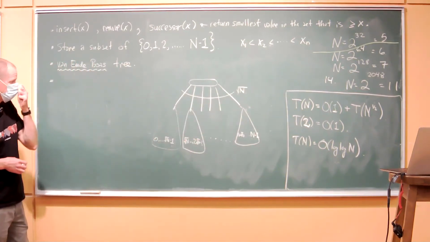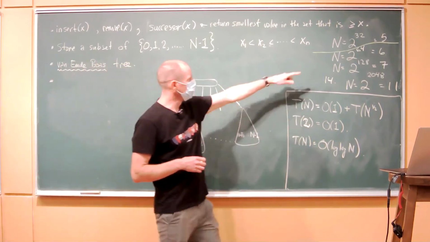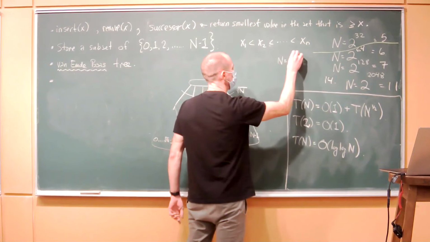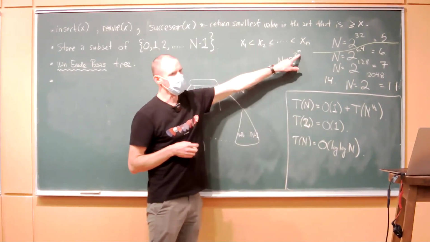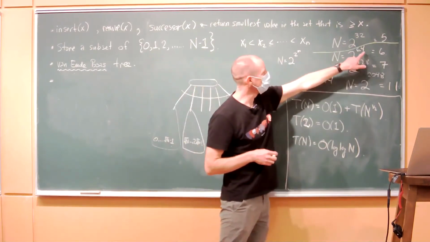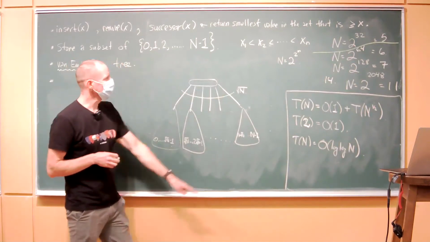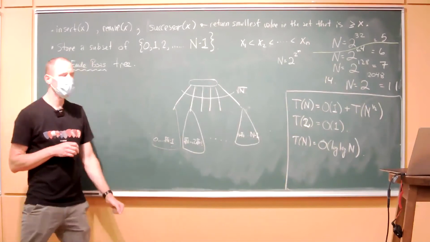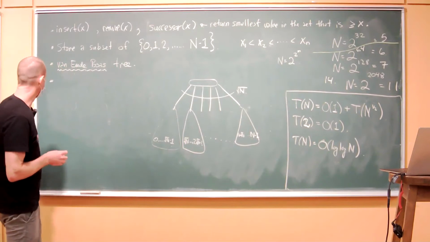And to make our lives simple, we will do like all our examples, and we'll assume that n is equal to 2 to the 2 to the m for some integer m. That's what all these are, right? This is a power of 2, so is this, and so is this. The only reason to do that is so that we can keep taking square roots and always getting integers. All right, so that's the plan.